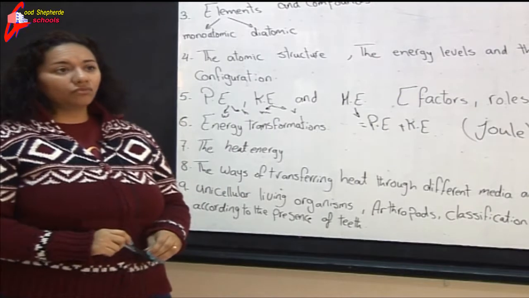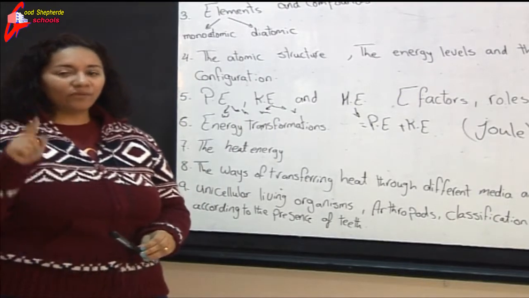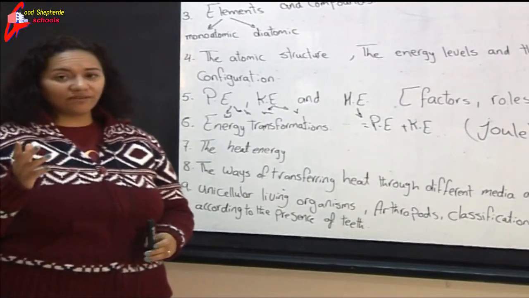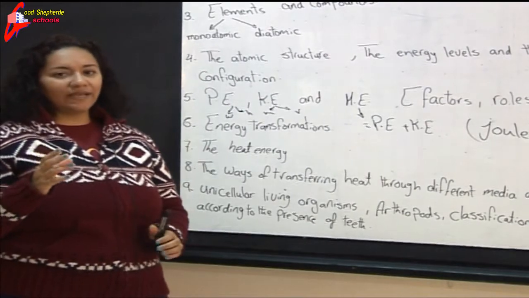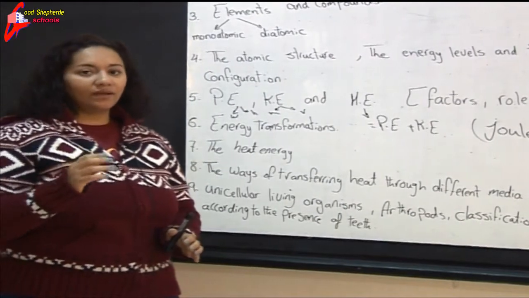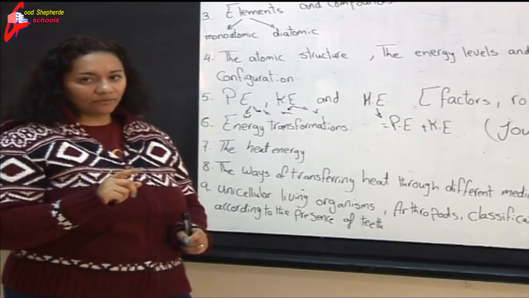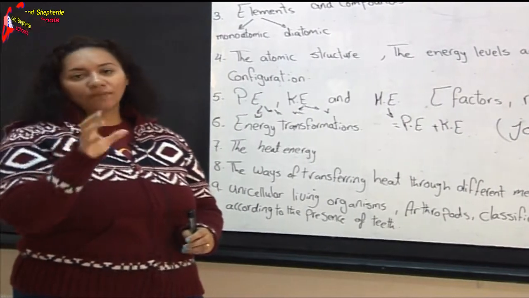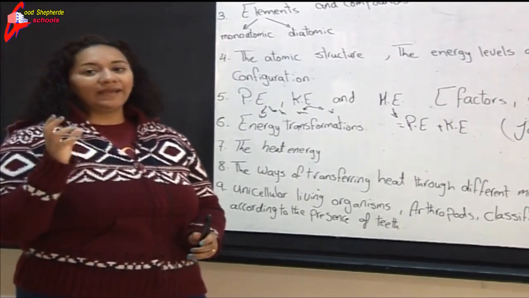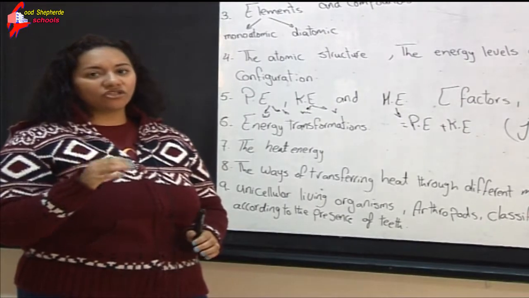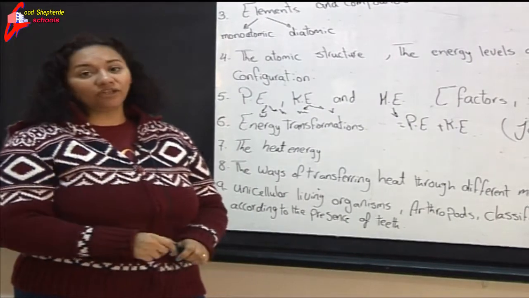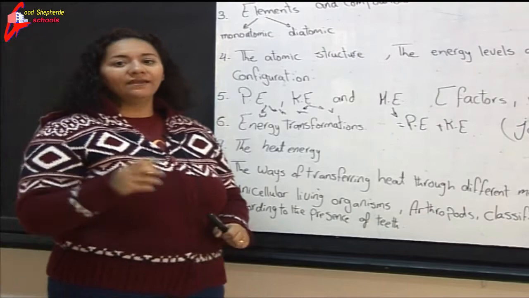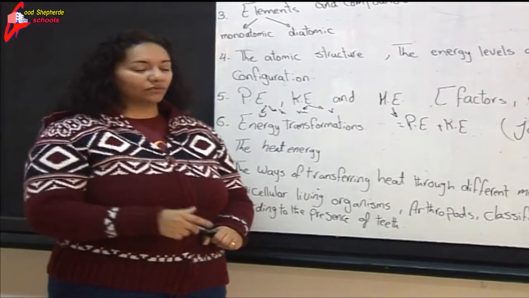And also, we said this type of electric circuit changes electric energy to light or to sound, depending on the instrument we put. If we put a lamp, it will change electric energy to light. If we put an electric bell, it will change the electric energy to sound.